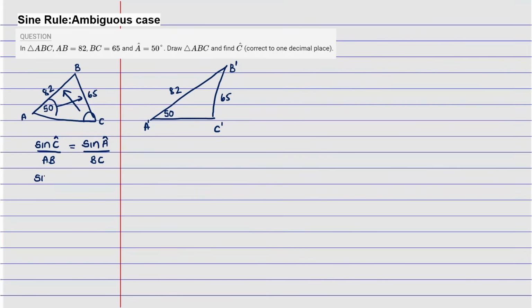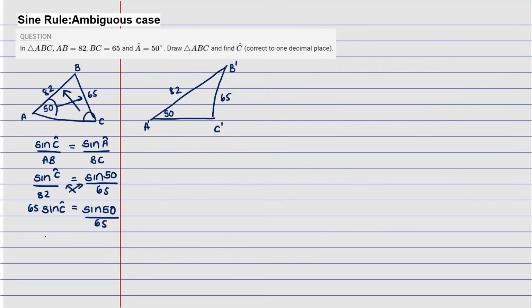So we know that sine C divided by AB, which is going to be 82, equals sine A, where A is 50 and it's related to 65. Cross multiply, so we're going to have 65 sine C equals sine 50 divided by 65, right?